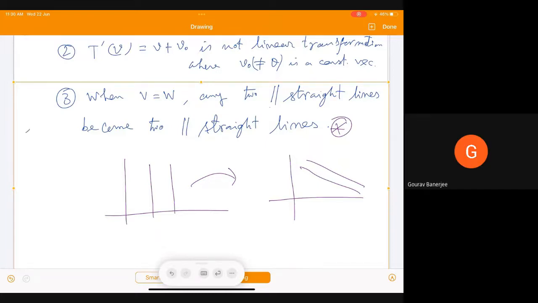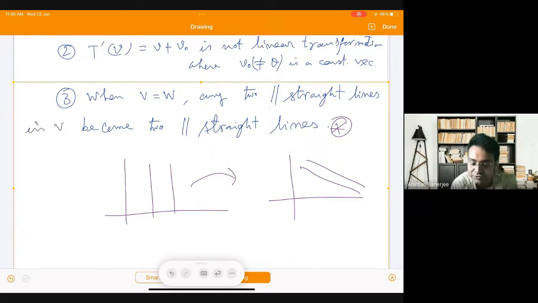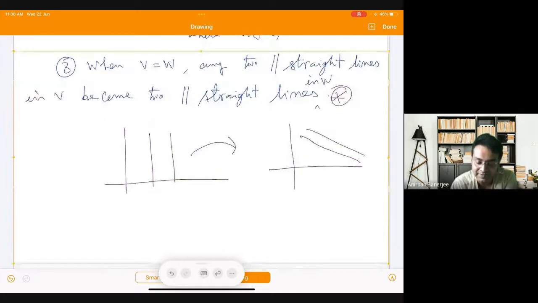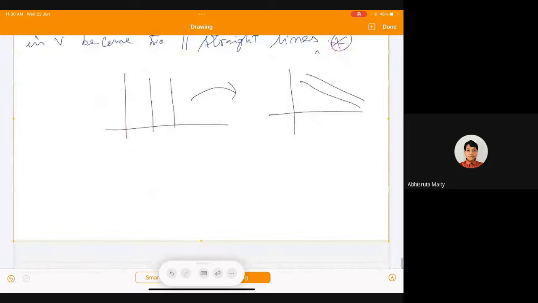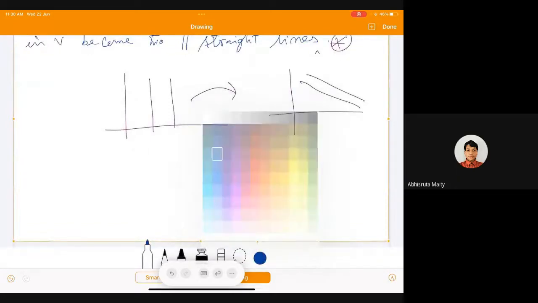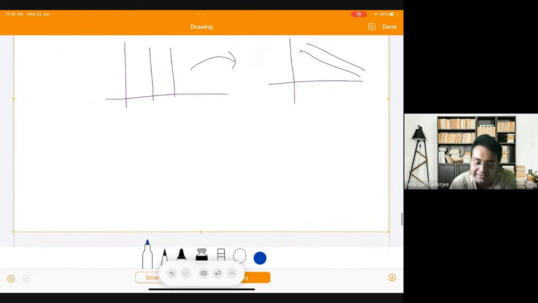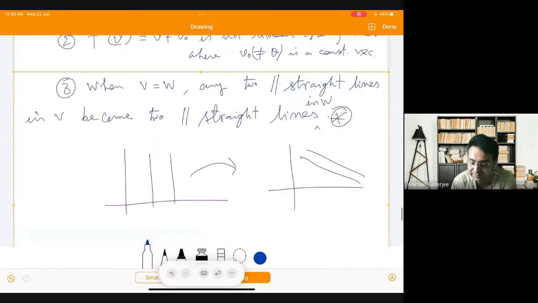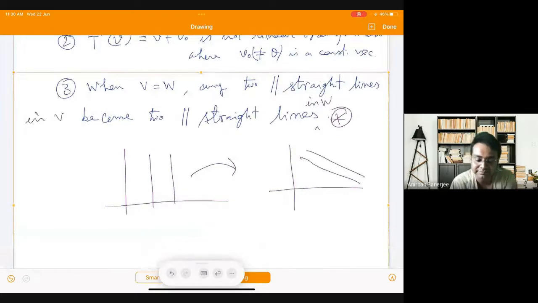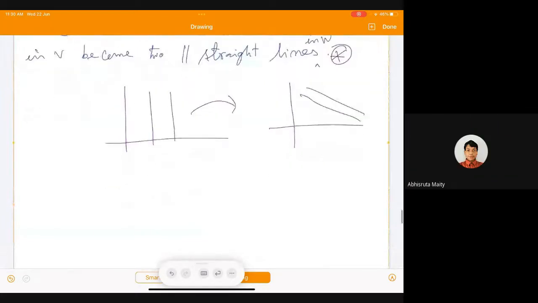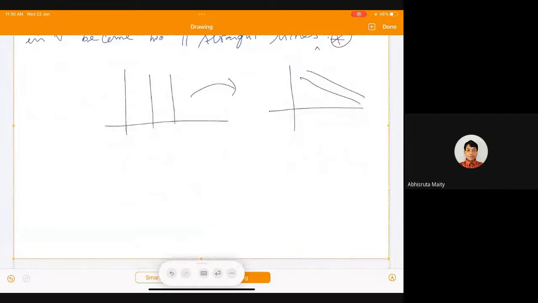That's what I mean. But we assumed V is equal to W, right? In this case, we assume that V is equal to W. Yes. Okay.